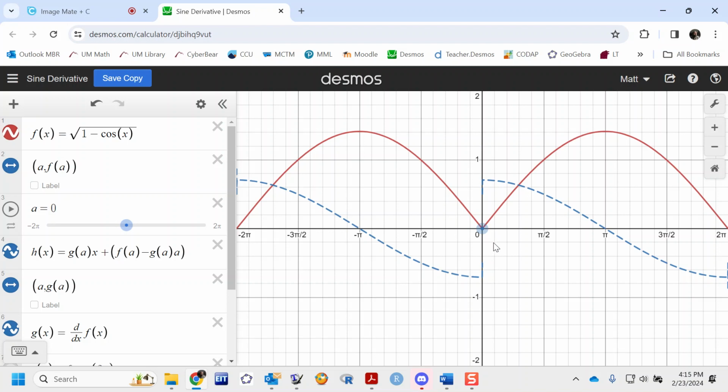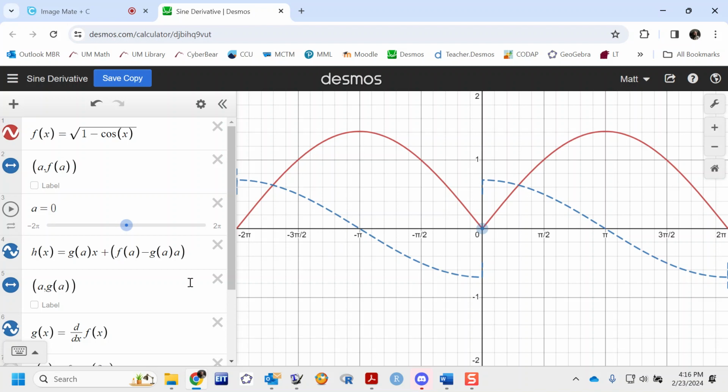If we think about what's going on here, the cosine is a cyclic function that varies between negative 1 and 1. So we're taking the square root of 1 minus something that ranges from negative 1 to 1. As it comes down here, we're growing to 1, and then that ends up as 0, so the square root of 0 is just 0. So we have this sharp function.